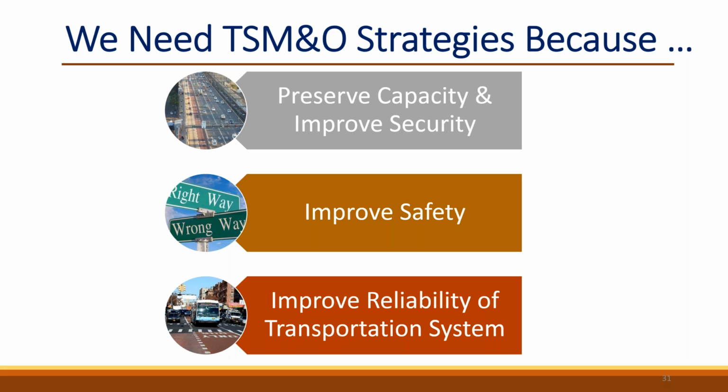These TSMO strategies will help in preserving capacity and improving security and safety. In addition to the traditional safety countermeasures, we need to look at other strategies that could also improve safety along our corridors. Travel time reliability is a very crucial component, since that is one way of measuring the operational performance of our transportation network.